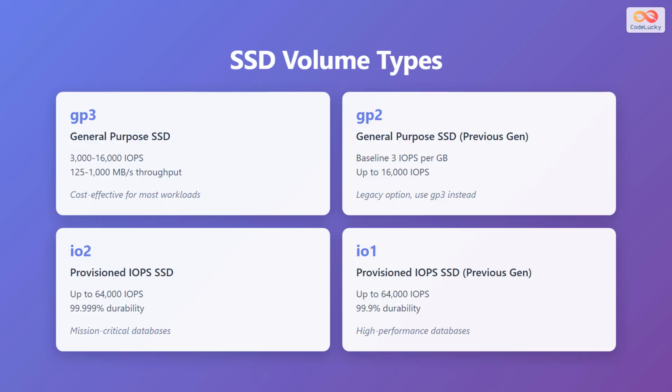For high-performance needs, IO2 is a provisioned IOPS SSD that supports up to 64,000 IOPS with 99.999% durability, making it ideal for mission-critical databases. IO1 is the previous generation provisioned IOPS volume, offering similar IOPS but with lower durability than IO2.